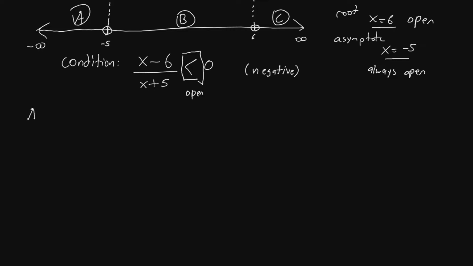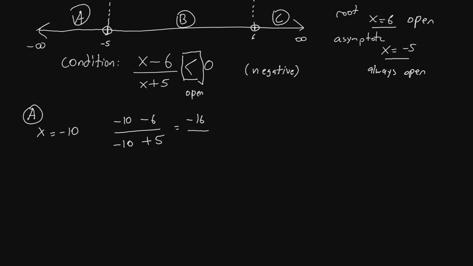Now, let's go to region A. Select an x that is between negative infinity and negative 5, and then place that number into our expression to figure out if we get a negative number or not. Let's try x equals negative 10. On top, we'll have negative 10 minus 6, negative 10 plus 5. If we do the math, negative 10 minus 6 gives negative 16.